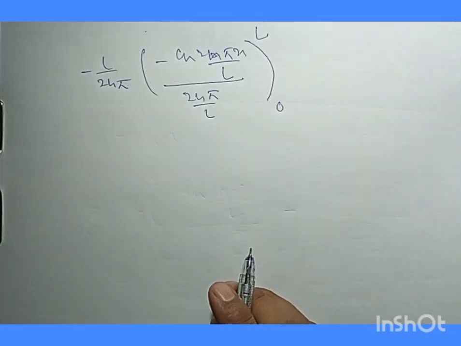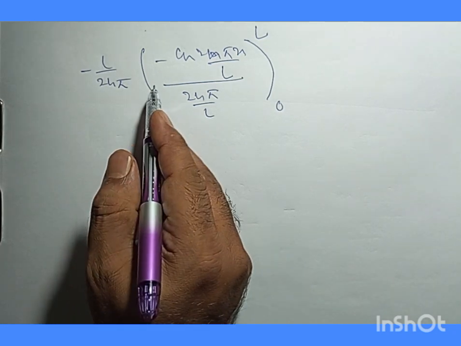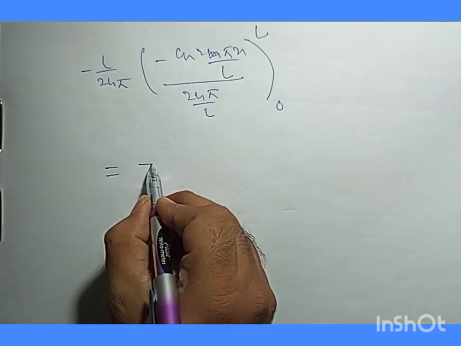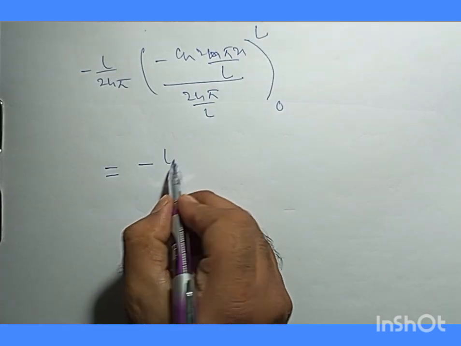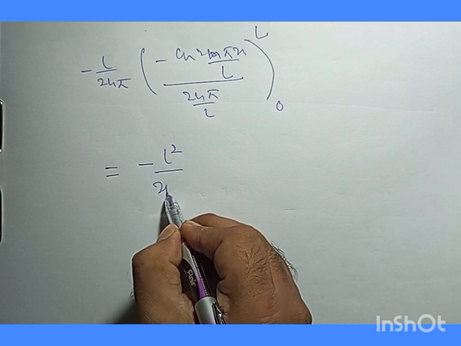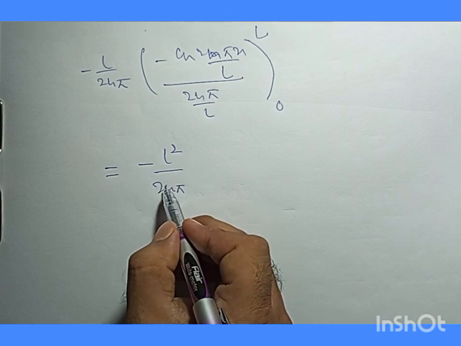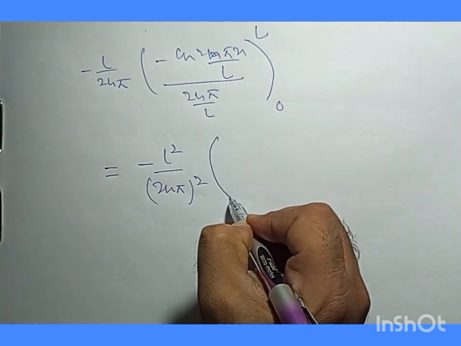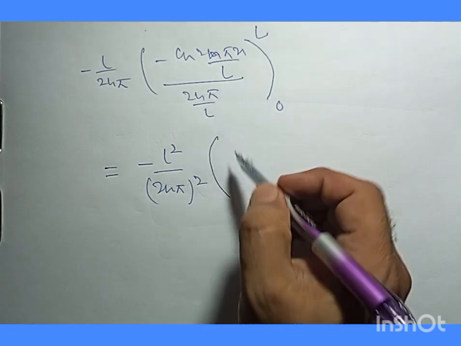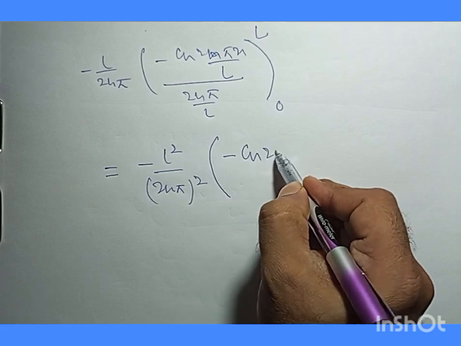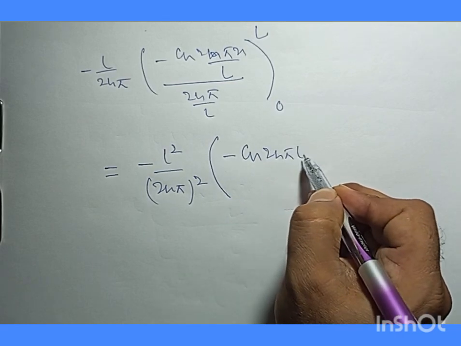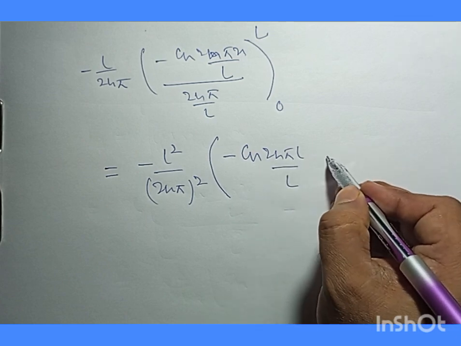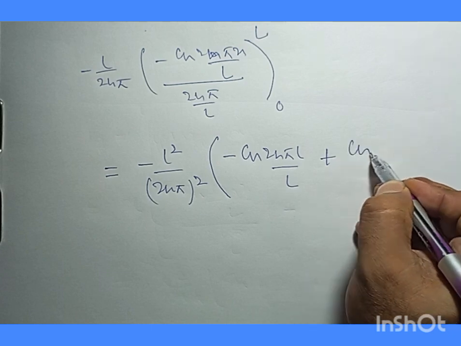So what we are going to do is, this L will go up, so this is minus L square by 2n pi whole square. Let me write it like this, and then inside we will have minus cos 2n pi L by L. Then minus will give us plus, then we will have cos 0.